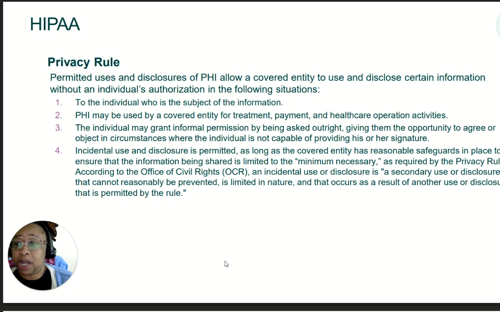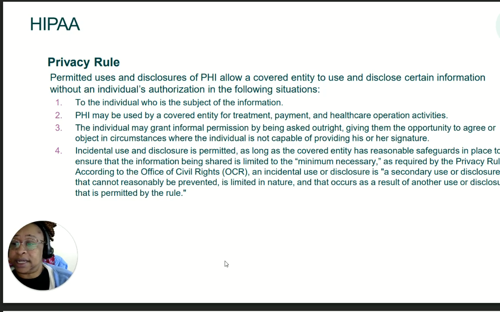Number two, PHI may be used by a covered entity for treatment, payment, and health care operations activities. Number three, the individual may grant informal permission by being asked outright, giving them the opportunity to agree or object, including circumstances where the individual is not capable of providing his or her signature.